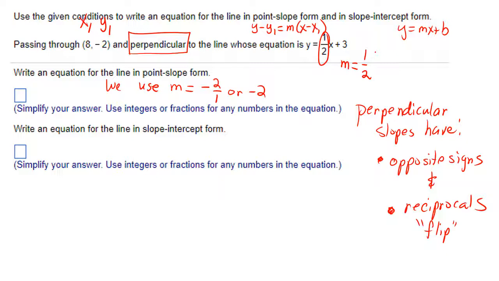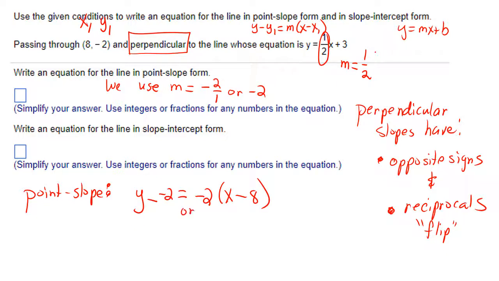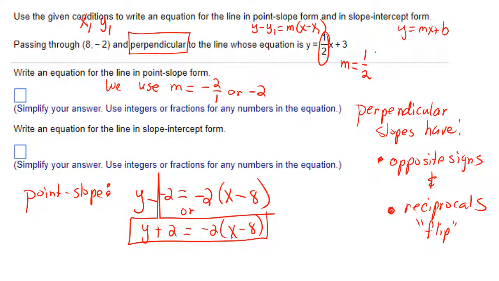Now to get the point slope formula, which is the first answer, I will substitute in what I know. Y minus -2 equals -2, this is my new slope, times x minus the 8 coordinate. You could simplify this just a bit by changing that double negative to a positive, but do not simplify it any further.